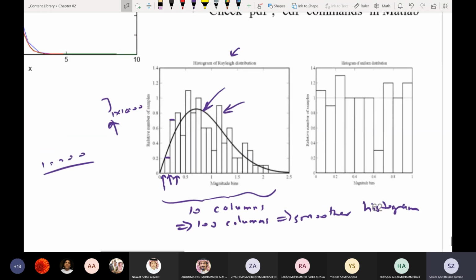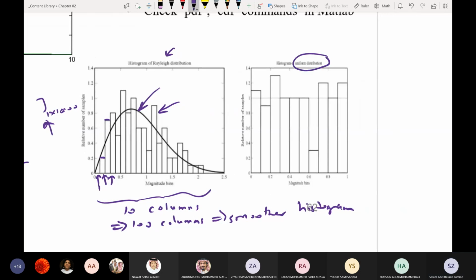Now this is a histogram of a uniform random variable. How many columns do you have? 1, 2, 3, 4, 5, 6, 7, 8, 9, 10. So here are 10 columns. If you use 100 columns, it will be much smoother.